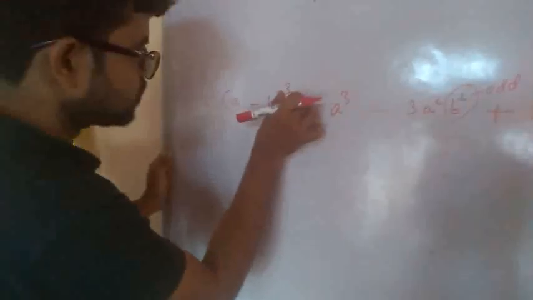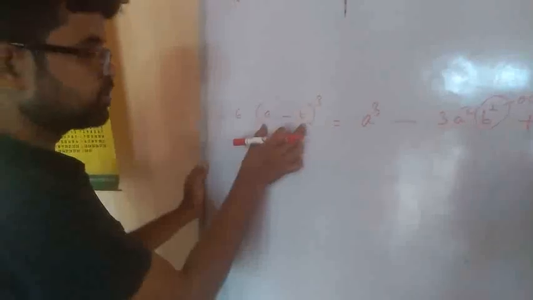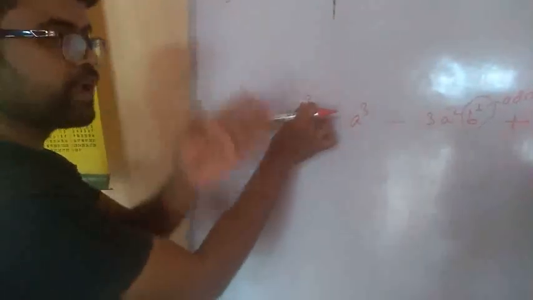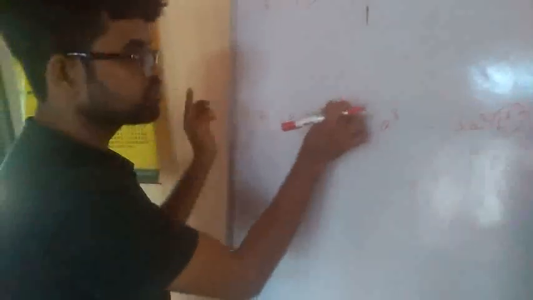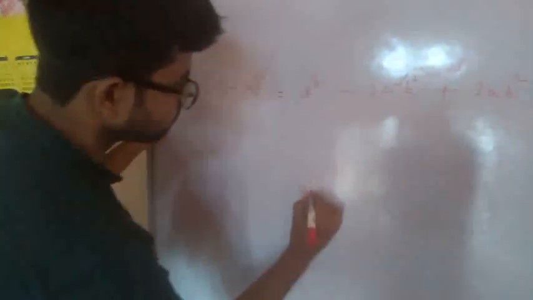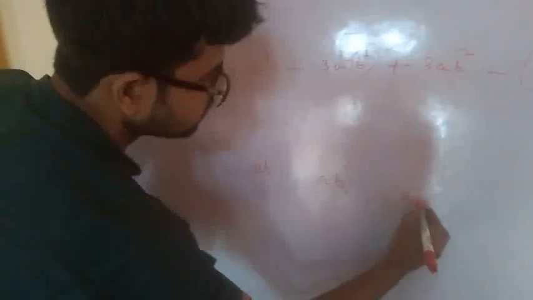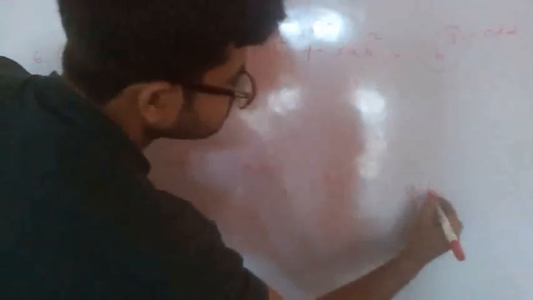As I have told you already, since the power is 3 and this is a binomial expansion, so add 1 to 3, that will give you 4. So in this expansion you will have 4 terms and the terms are a and b. So you write 4 a b like this: first, second, third, fourth. Now since the power is 3, we have 4 terms.